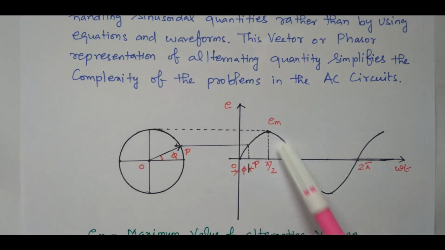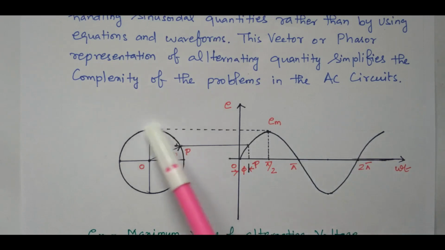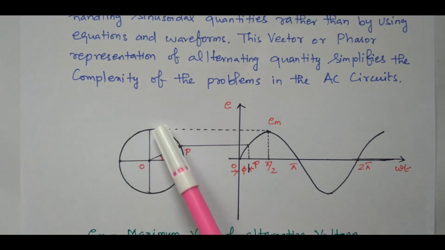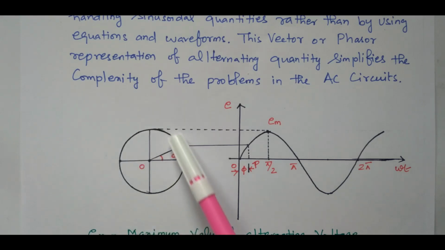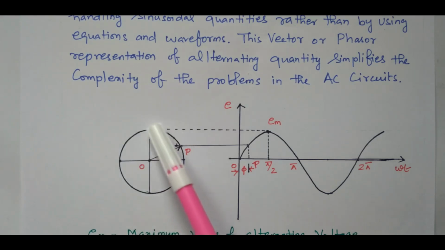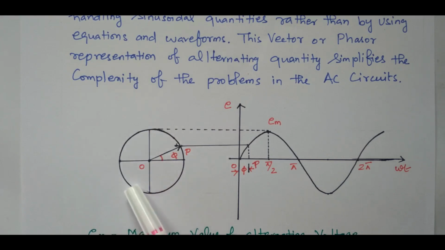So here the alternating waveform can be represented as a phasor diagram, we can easily understand, that is, the voltage keeps on rotating, increasing, decreasing, again increasing, decreasing, in the positive direction as well as the negative direction, right?